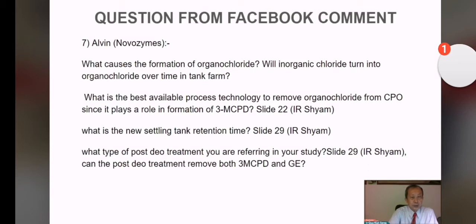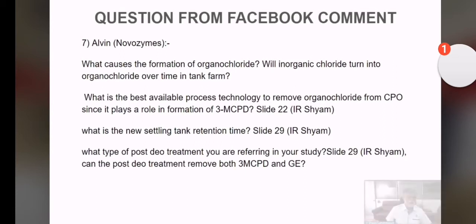And I think this question is already asked about the settling tank retention time. What post-DO treatment are you referring to in your study? That's for you, Engineer Sham. Can the post-DO treatment remove 3-MCPD and GE? I think you didn't detail that, but maybe you just want to quickly answer the question, and we pass this one through then. So over to you then for the whole set of questions, Engineer Sham.